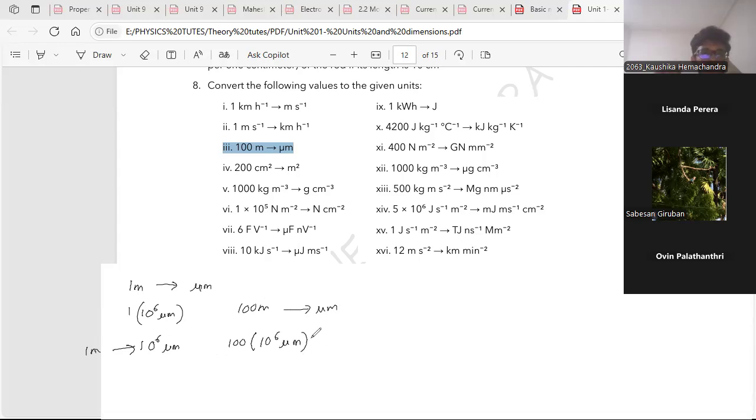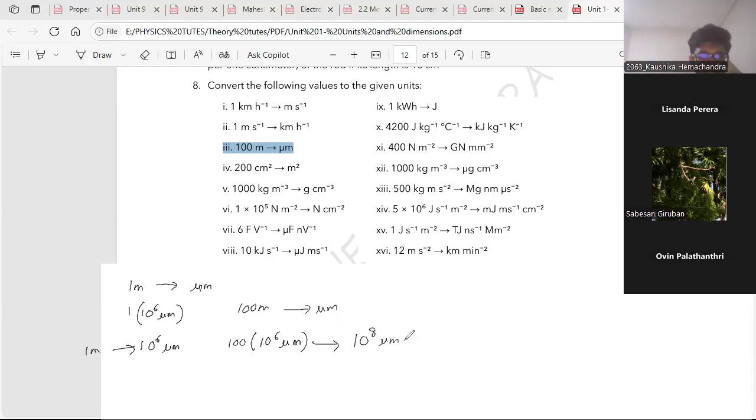Micro is 10 to the power minus 6, but when we convert meters to micrometers we multiply by 10 to the power 6, because it is a larger value. Micrometers ගානින් meter ගානක් ලිව්වම it's a large value. Then you get 100 into 10 to the power 6, that's 10 to the power 8 micrometers.